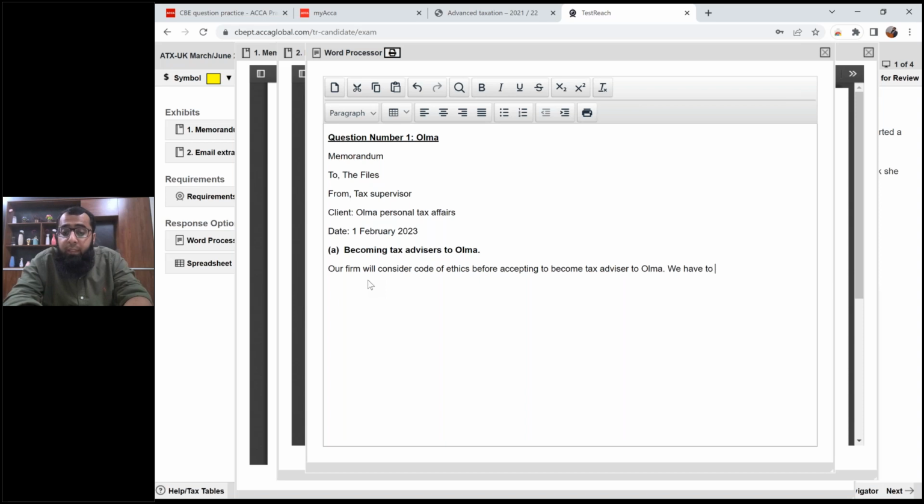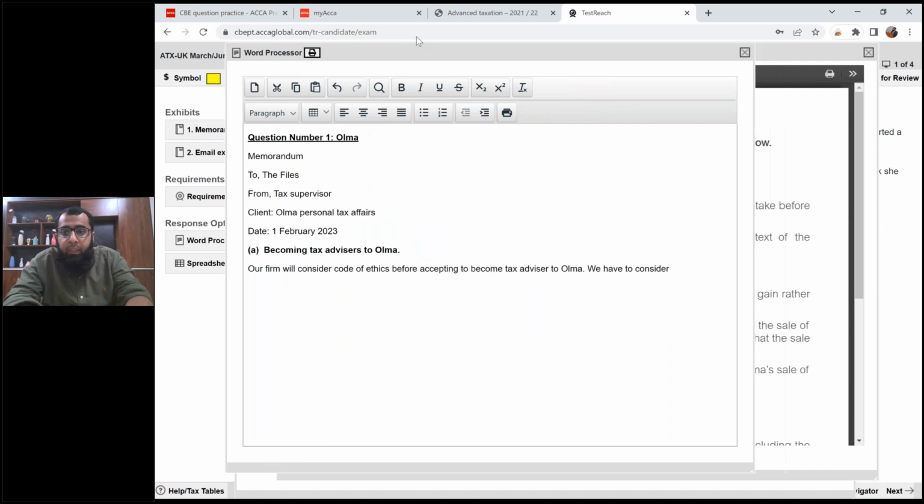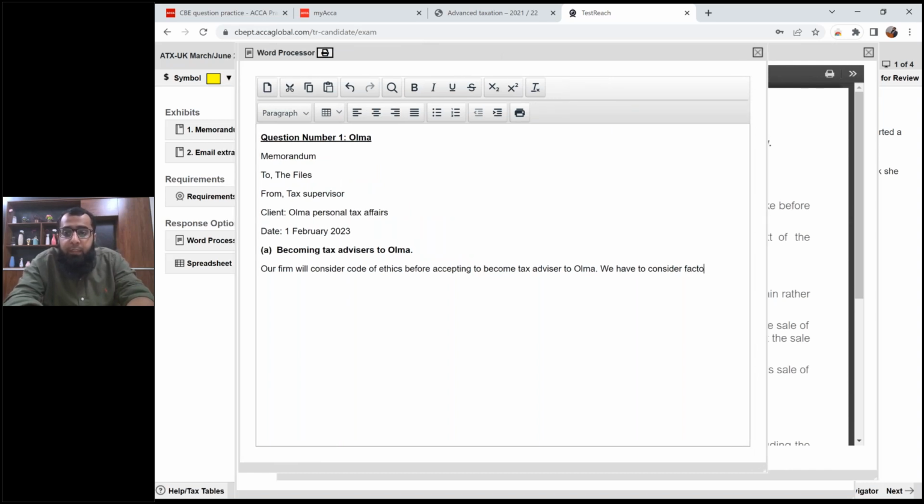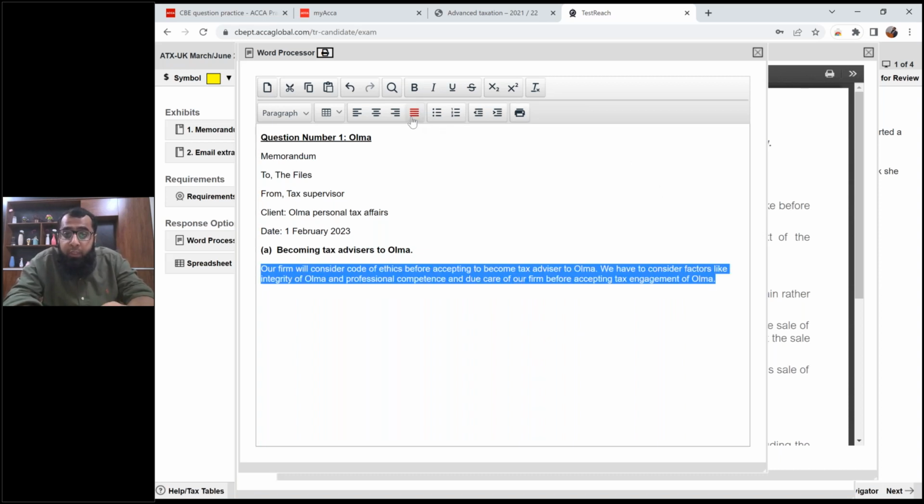We have to consider factors like integrity of Alma and professional competence and due care of our firm before accepting the tax engagement of Alma. Okay, so first of all, we will think about the ethical code.